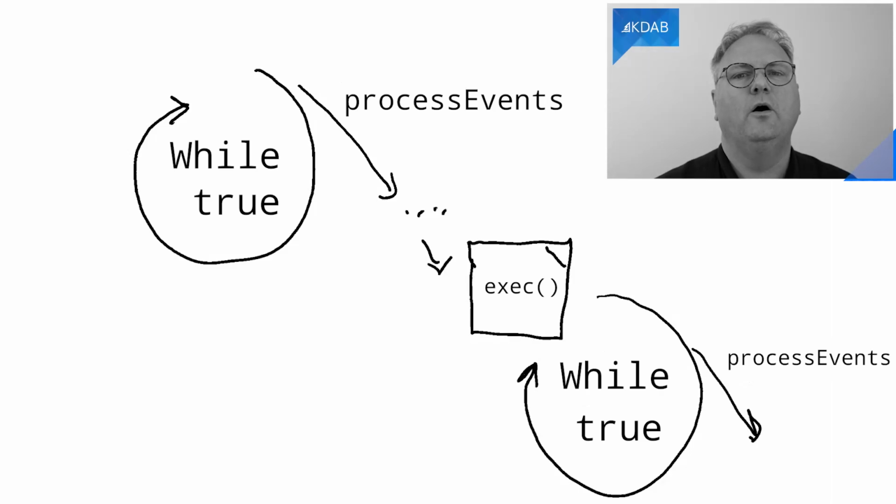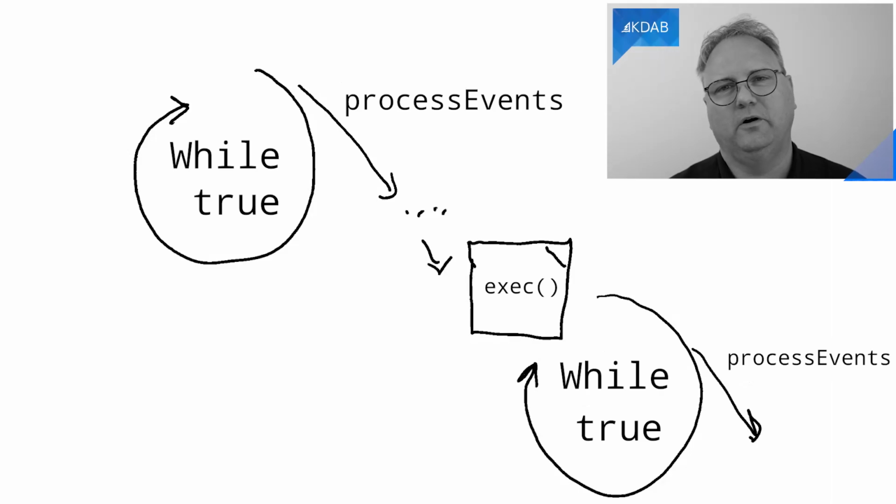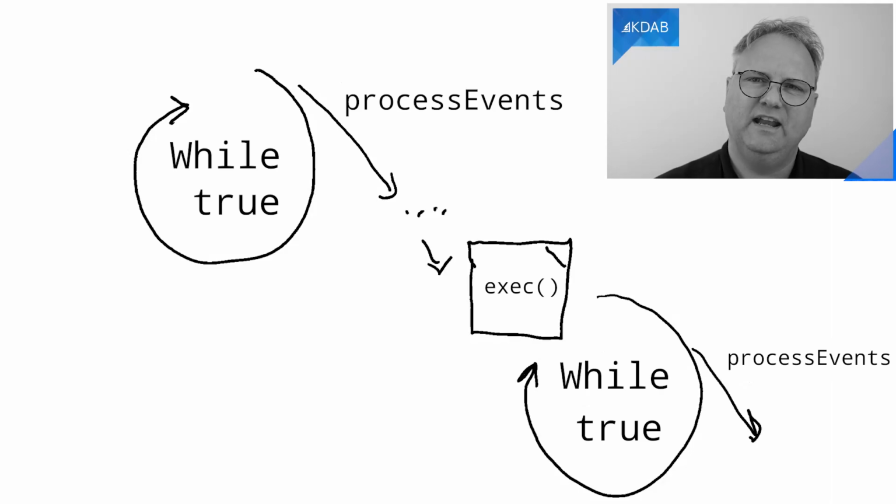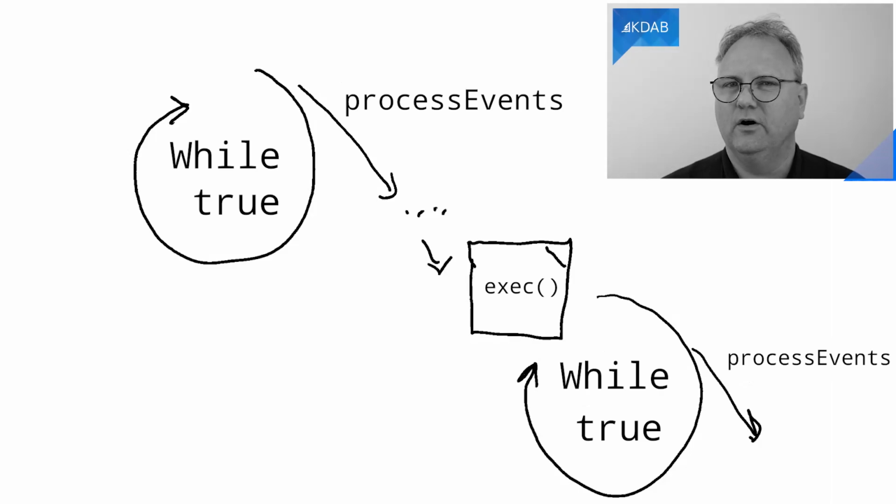Did anything happen? Oh, a repaint. Well, I'll repaint the user interface. Oh, the user clicked on a checkbox. I'll handle that until eventually the user presses the OK or the close or the cancel or presses the cross or whatever brings this modal dialog to an end.